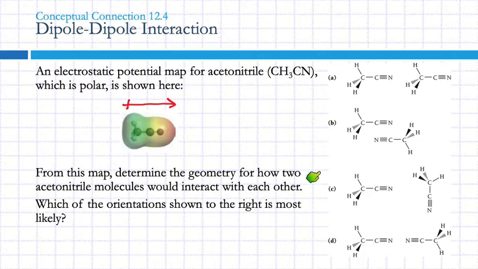Which of these pairs represents how they would be attracted to each other? Would we have the nitrogen ends being attracted to each other? This is the partial negative end, and this is the partial positive end. Do two negatives attract? No. So if they're oriented like that, they're not going to attract each other.